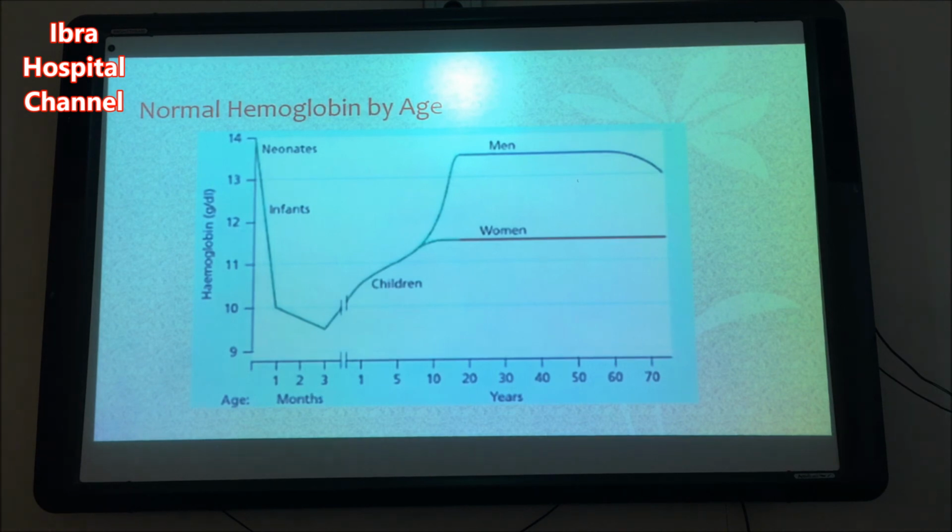Because they are using lots of their iron in the developing state, in creating their own body. Then for adults, the normal will be between 13 to 14 or higher, and for women it will stay a little bit below. So normal values for hemoglobin change rapidly, and it stays low in the first few years of life.